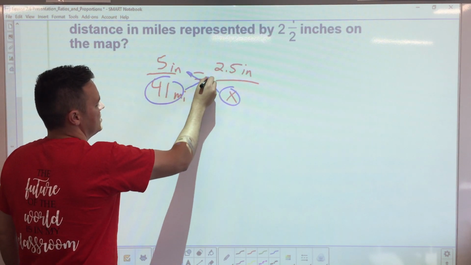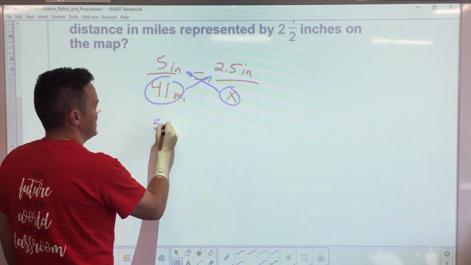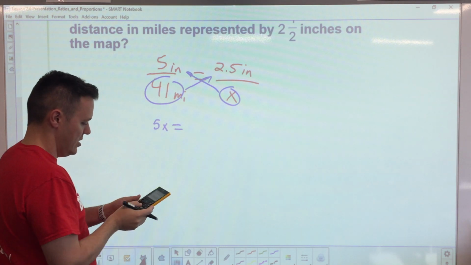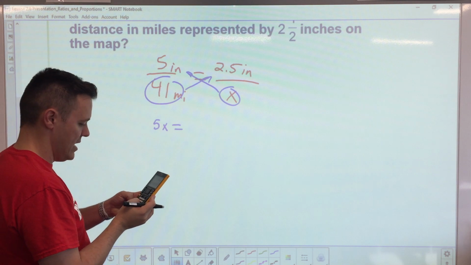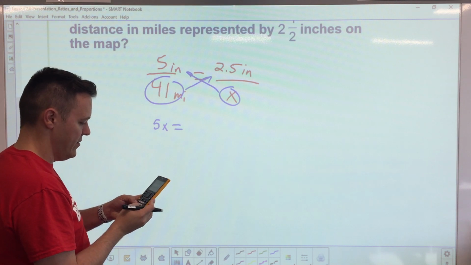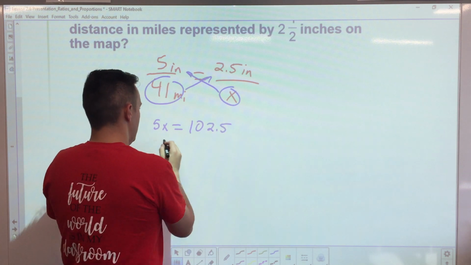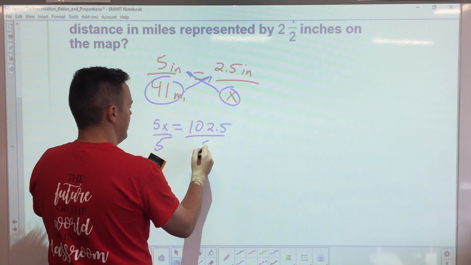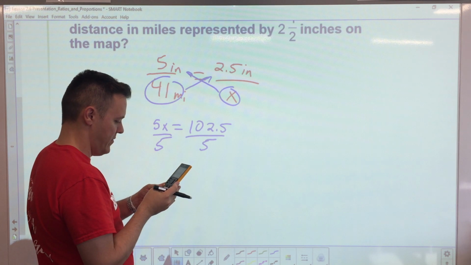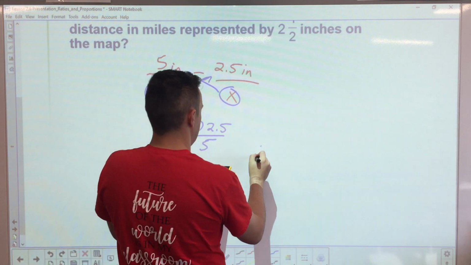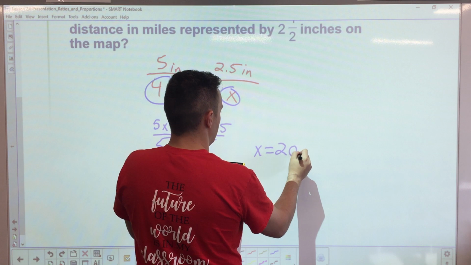Let's go the 41 up to there. So we have 5x equals, and then what is 41 times 2.5? That equals 102.5. And we're going to divide that by 5. Your answer comes out to be x equals 20.5.